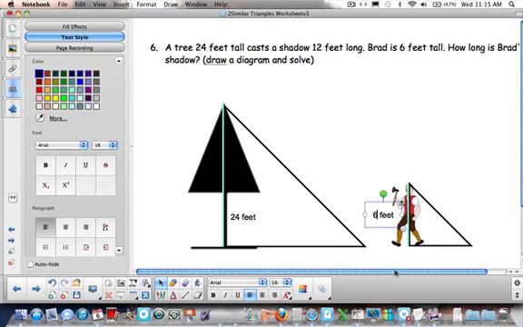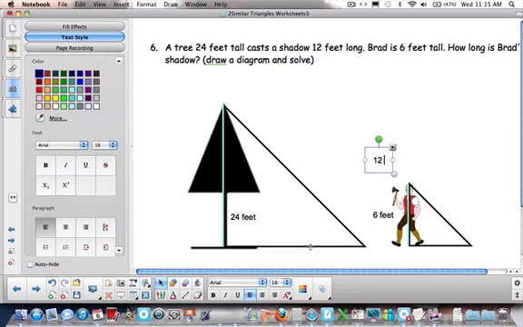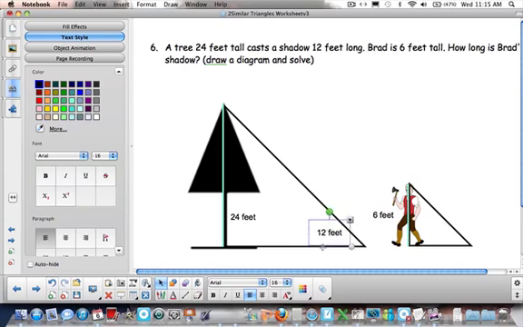Now we're told that the tree casts a shadow that is 12 feet long. And we want to know how long Brad's shadow is.